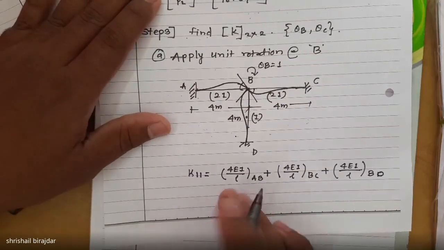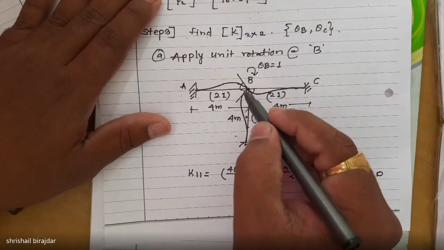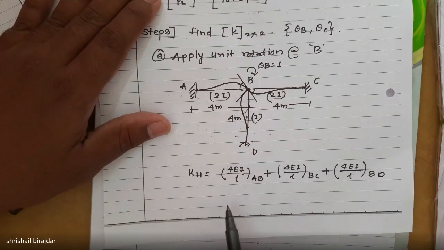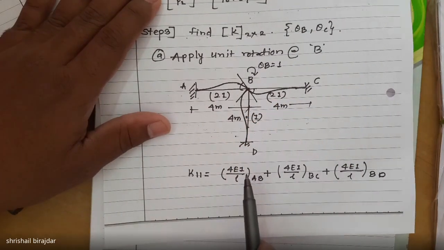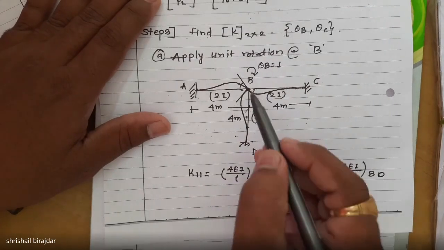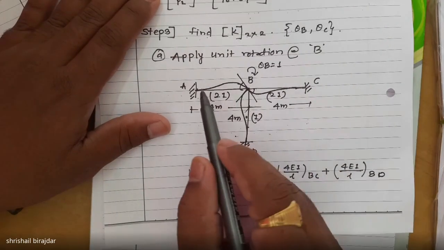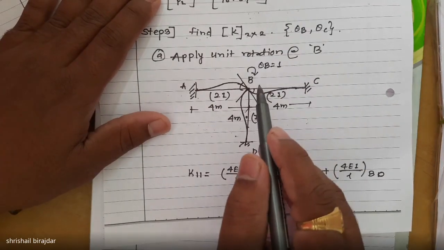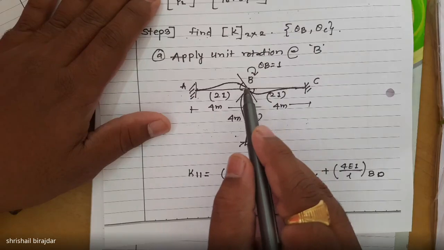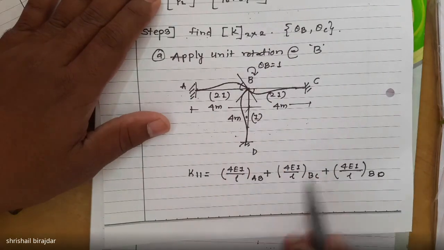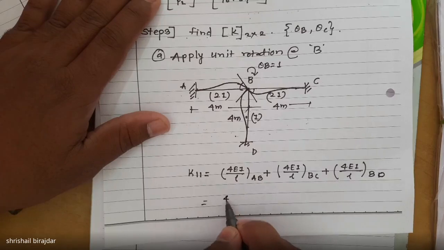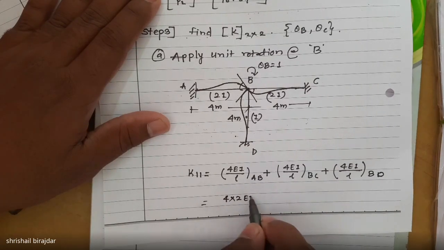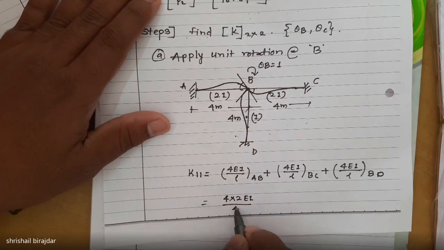See, after applying unit rotation, the moment exerted at that particular joint is nothing but 4 EI by L, and you have to add it for this joint: 4 EI by L for AB, 4 EI by L for BC, and 4 EI divided by L for BD. So 4 multiplied by 2 EI divided by L is 4.